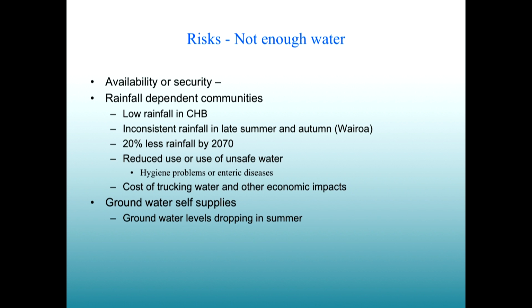The rainfall-dependent communities tend to be up the coast or down in Central Hawke's Bay, and with increasing climate change, we know that those communities are going to become more vulnerable to long periods of lack of rainfall. In the groundwater, we know that there have also been people who have lost their water supply through pumping, and in summertime, bores that used to flow have stopped flowing.